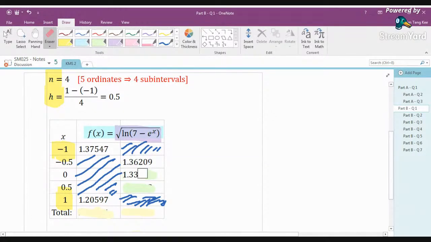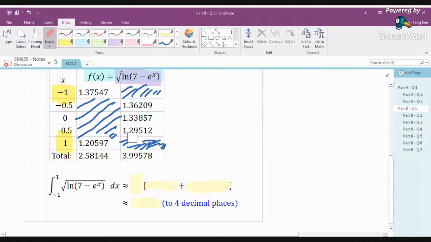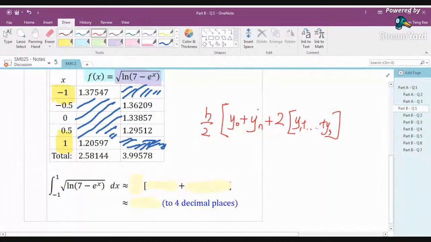The middle x values, we're going to put in another column. We sum them up separately. And why we want to sum them up separately is because later, when we apply the trapezoidal rule formula, this is what happens. Recall the formula: we have h over 2 multiplied by the first fx value plus the last value, plus the multiplication of all the rest of the middle values. So this is the first and last, this is the middle.